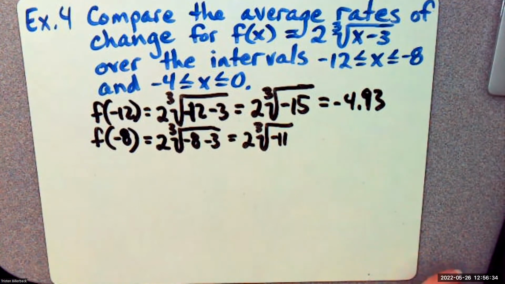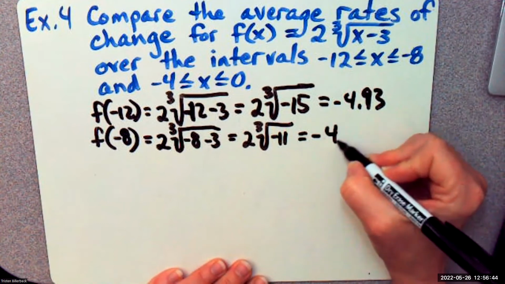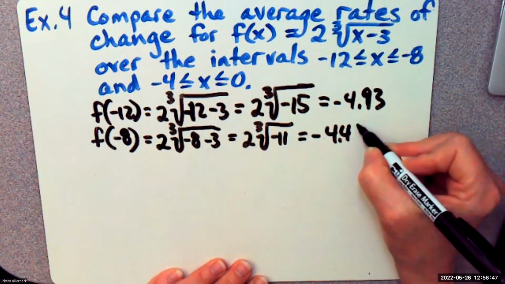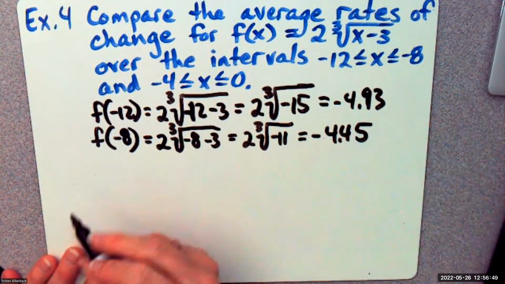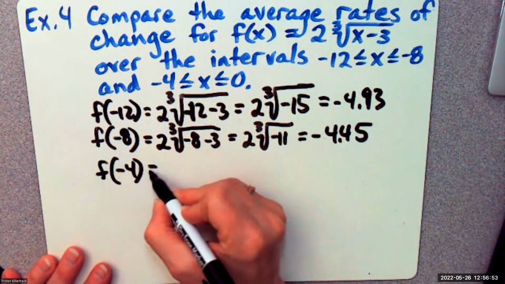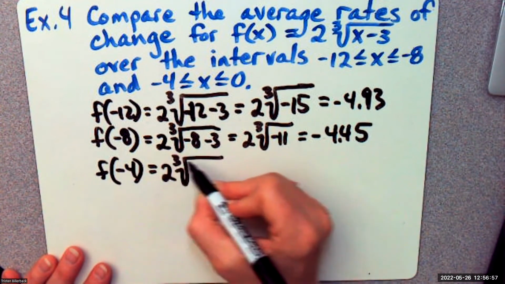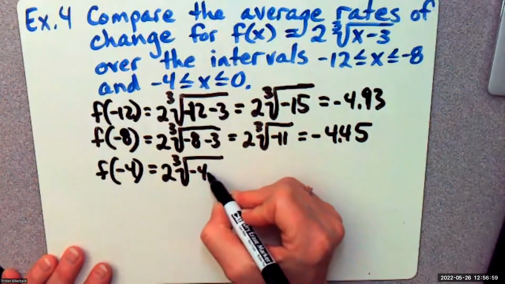So negative 11, that one equals negative 4.45.